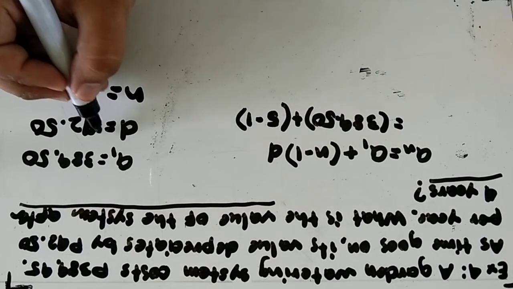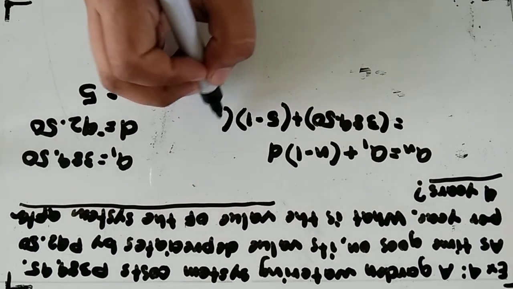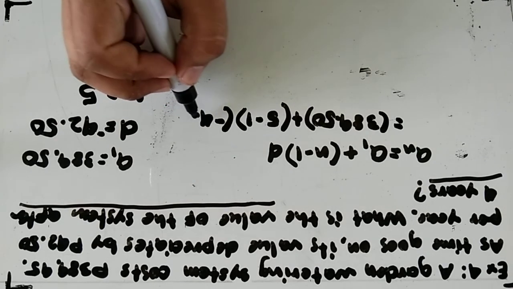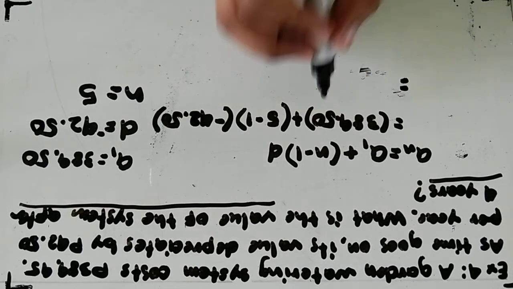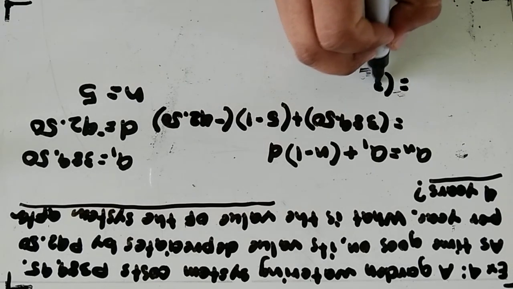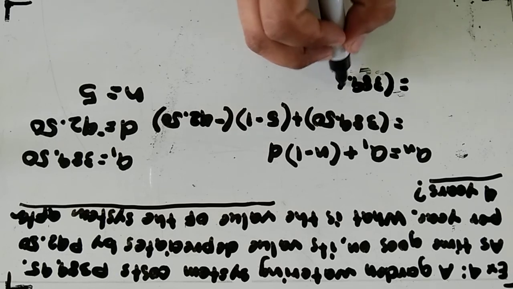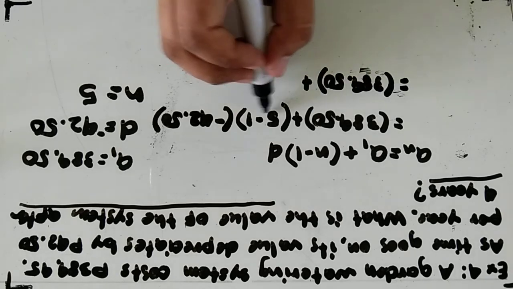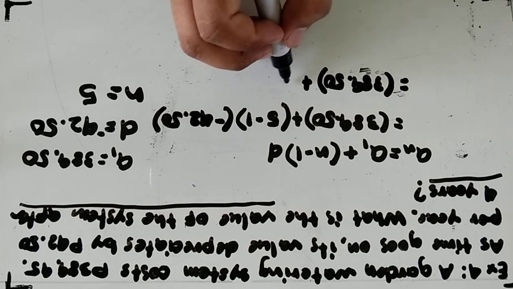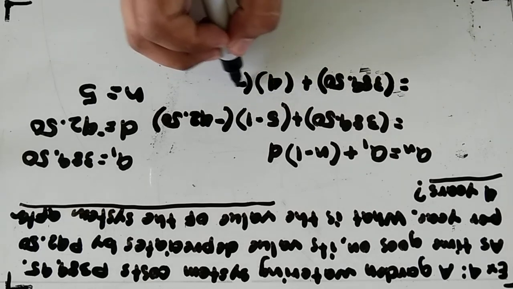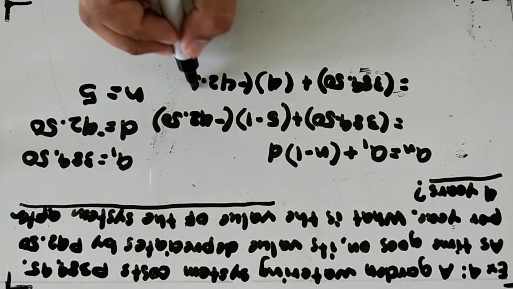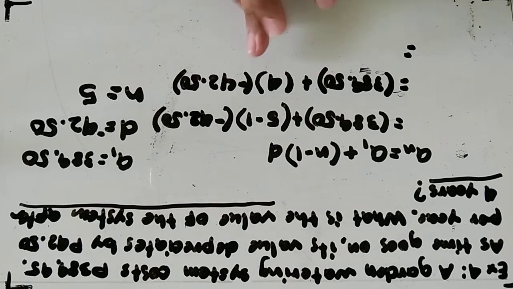At ang ating common difference, di ba may negative siya? So, negative 42.50. Ayan. So, kopyahin muna natin to 389.50 plus 4 minus 1, that is 5 minus 1, that is 4. So, yan yung unahin i-minus. Tapos, isulat negative 42.50.